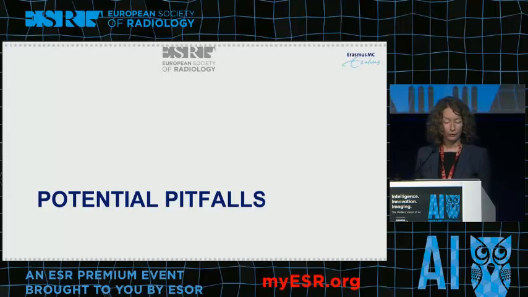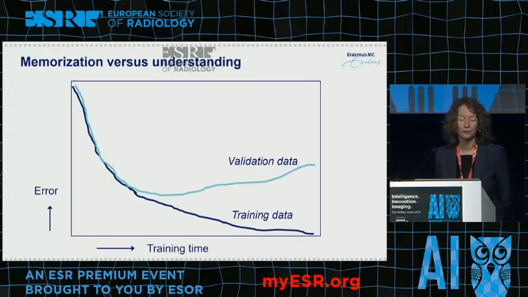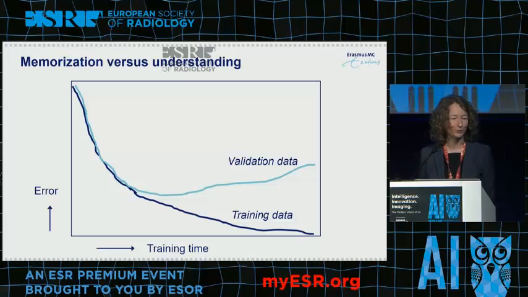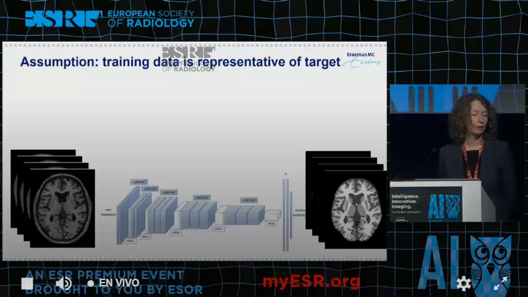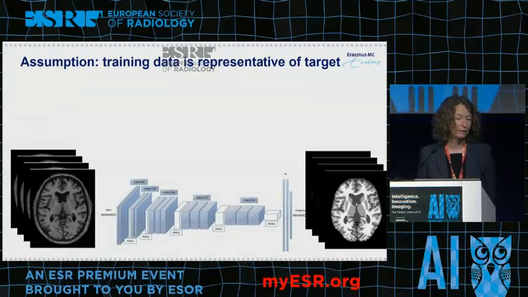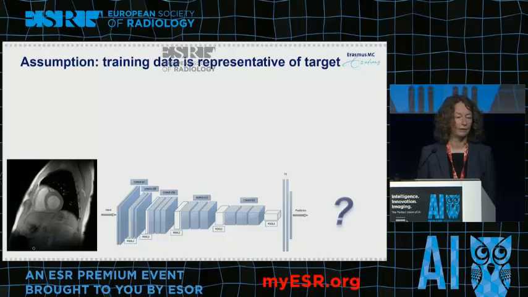Now briefly on the potential pitfalls, this one, memorization versus understanding, we have talked about that. Another is that our training data must be representative of the target data. You would probably not expect reasonable results if you had a model trained to segment a brain and you fed it a heart image.